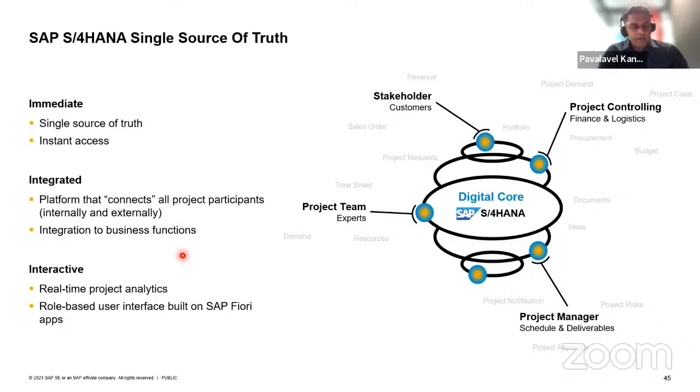So what has happened as a part of S4HANA is all the applications have been brought into the digital core. So right now you have your project systems, PPM and CPM, everything residing on the core. So they are not individual systems like how they used to be in the ECC world.